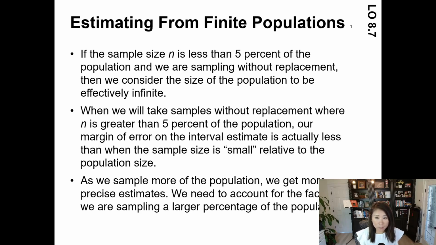And why is it important? Because if we consider our population as infinite, then our sample will not be able to represent the population well, right? Because the population is considered relatively too large.